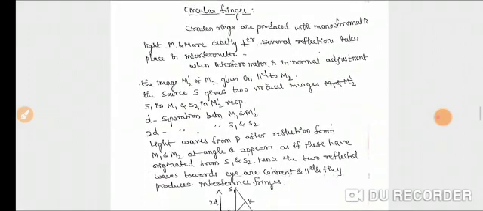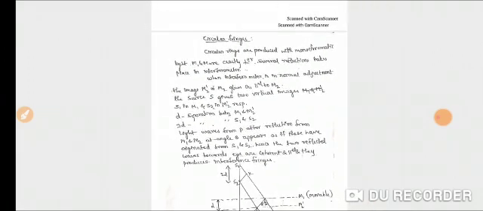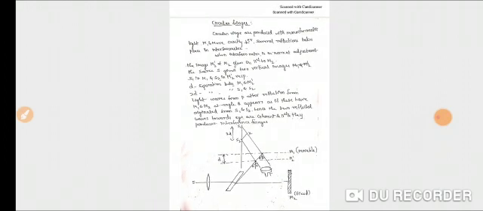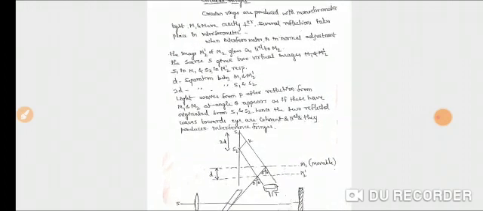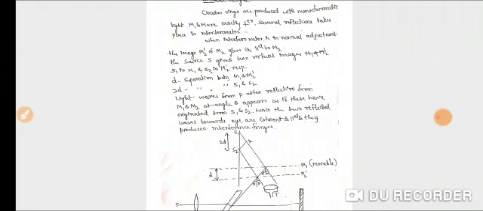Next, circular fringes. Circular rings are produced with monochromatic light when M1 and M2 are exactly perpendicular. Several reflections take place in the interferometer.